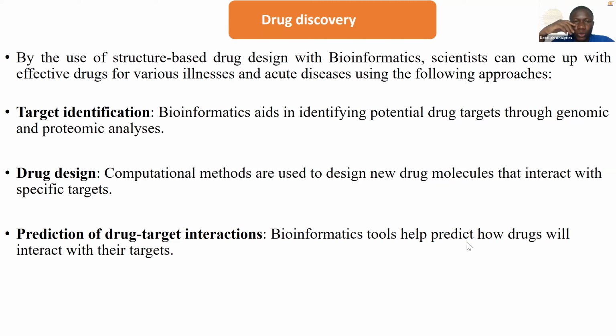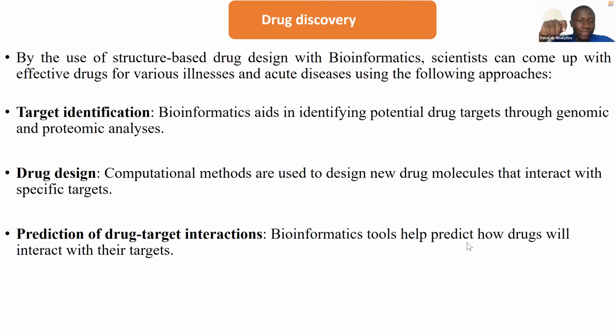After that, you want to see the interactions between these drugs and the target in question. You want to see if there's going to be a lock and key relationship between the target and the drug molecules. You want to see if the drugs will be able to bind effectively to the target. Not only binding, because there are some keys that would fit into a lock but will not open it.